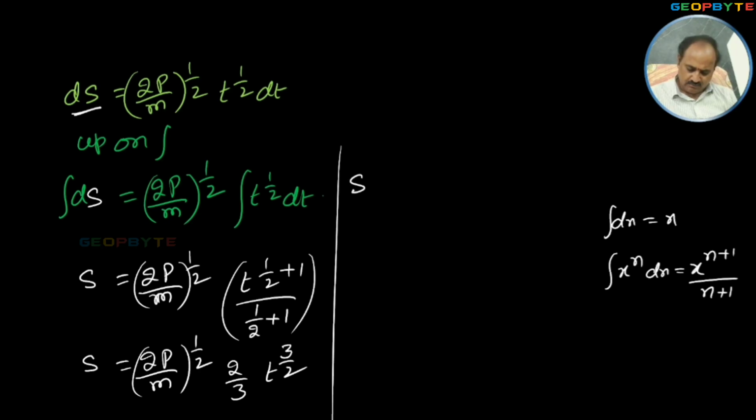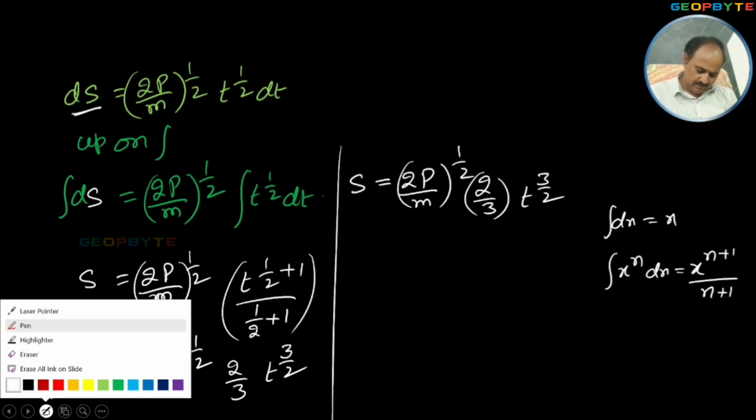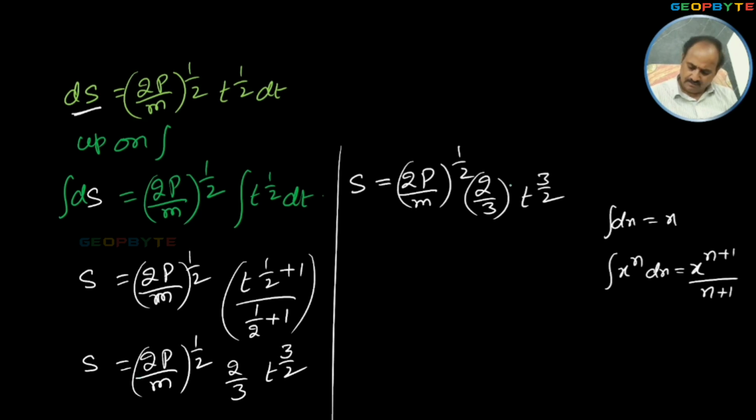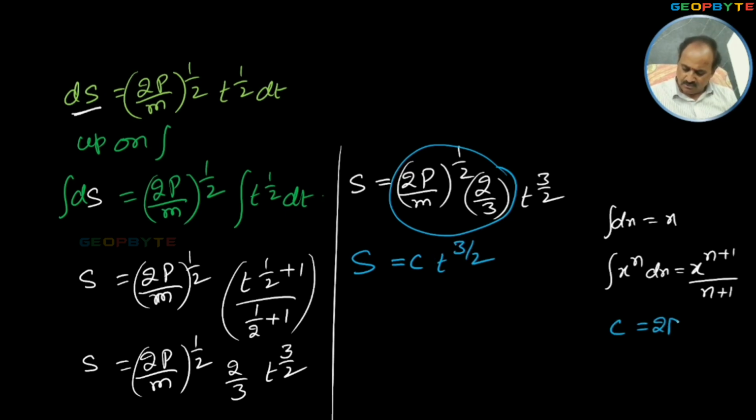Then s equals (2P by m) power 1 by 2 into 2 by 3 t power 3 by 2. Here this quantity is constant. Then I can write s equals a constant c into t power 3 by 2, where c equals (2P by m) power 1 by 2 multiplied by 2 by 3.